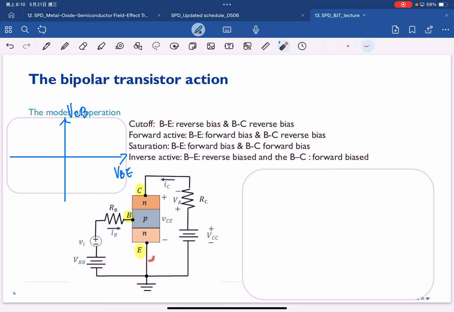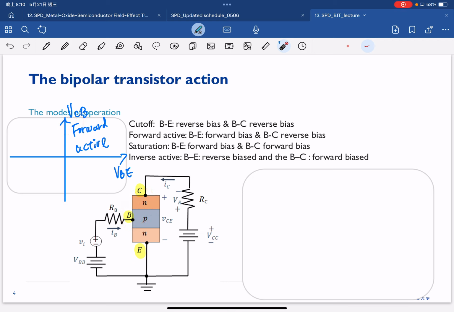For BE forward bias, it is here: this forward bias and this reverse bias. When we bias in this region, it is forward active, because right now the BE is positive, meaning this junction is forward biased. But this is VCB, and VCB is positive, meaning this PN junction is reverse biased. In that case we call this forward active.